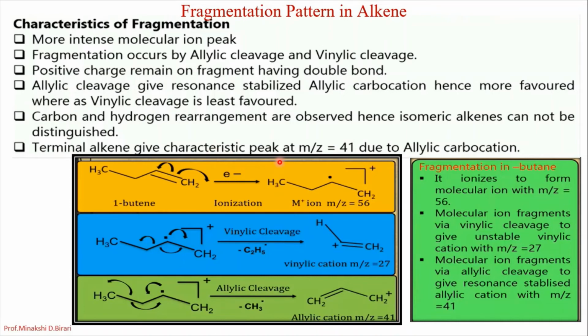And if you observe the example, a terminal alkene gives the characteristic peak at m/z 41 due to the allylic carbocation. Allylic cleavage is more preferable because of resonance stabilization, and due to the resonance stabilization there is formation of the allylic carbocation which is more stable.